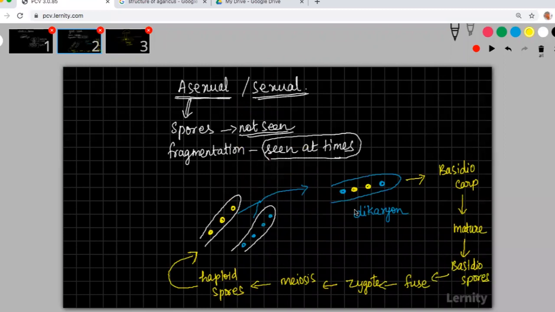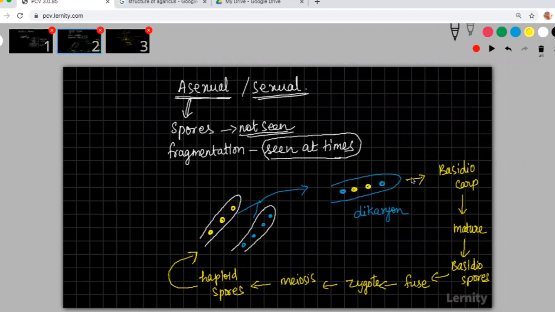Whenever I talk about dikaryon, I'm saying there are two nuclei, but they are not fused together. You are able to see that the yellow color and the blue color have not fused with each other. So in a dikaryon stage, both are kind of independent, but they are present together in the same cell or structure.